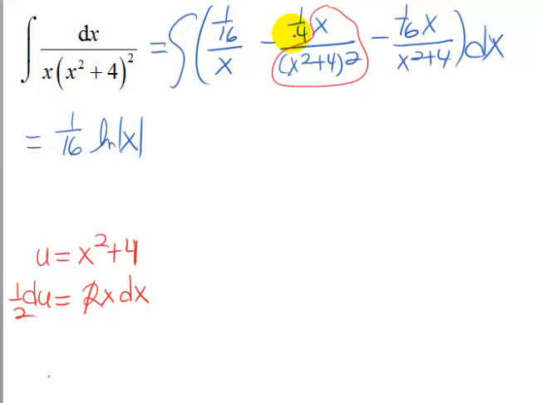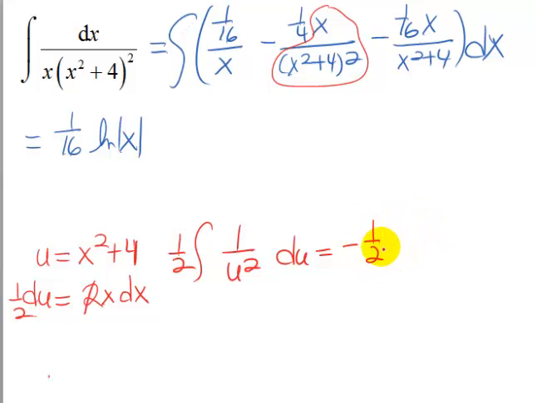So if I'm doing the u substitution, the x dx can be replaced with 1/2 du, and then I'd have 1 over u squared. So doing the integration, that's going to be negative 1/2, and we've got a u down here. We'll put the constant of integration on in a minute.